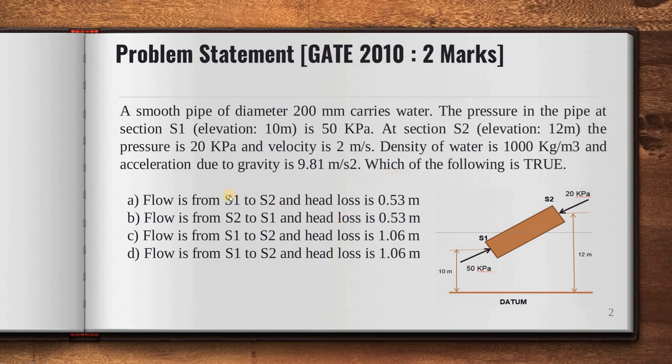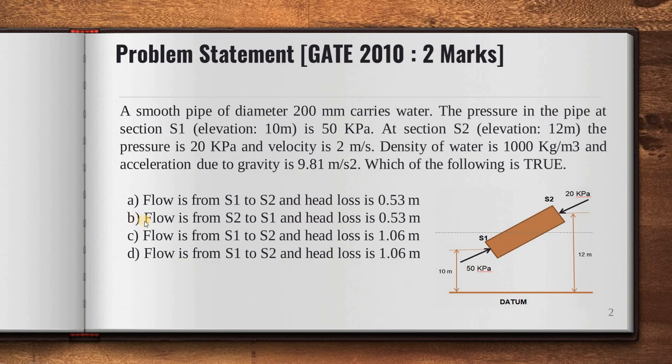So they have given 4 statements and we have to find out which statement is true. Statement A, flow is from S1 to S2 and head loss is 0.53 meter. So fluid is flowing from S1 to S2 and the head loss is 0.53 meter.